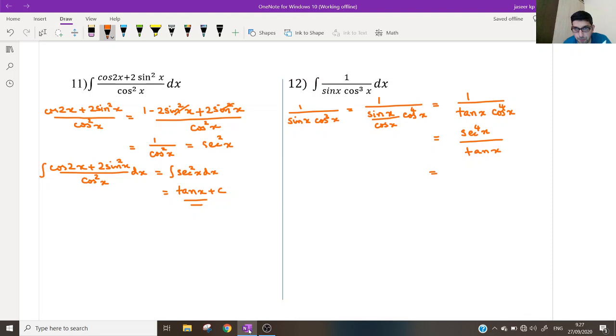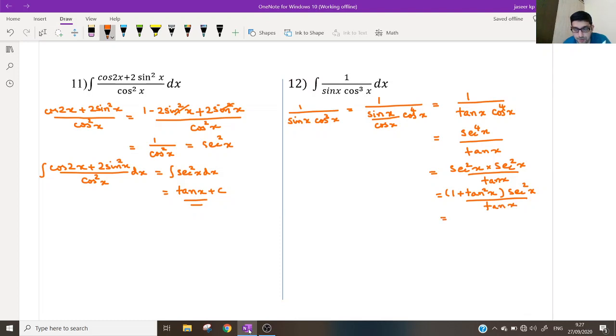Now secant to the power 4 x can be written as secant square x into secant square x, divided by tan x. One of the secant square x can be written as 1 plus tan square x, into secant square x, divided by tan x.